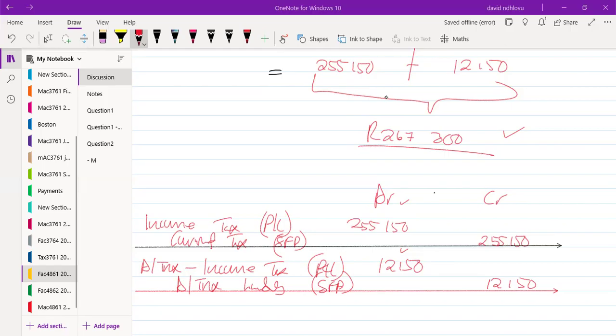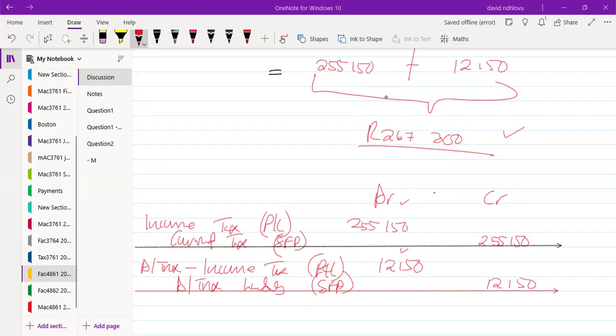When I have a deferred tax liability of 100,000 at the beginning of the year, and it increases by 12,150, I already have 100,000 in the books. So you generalize the movement, not the full amount of deferred tax that you have.